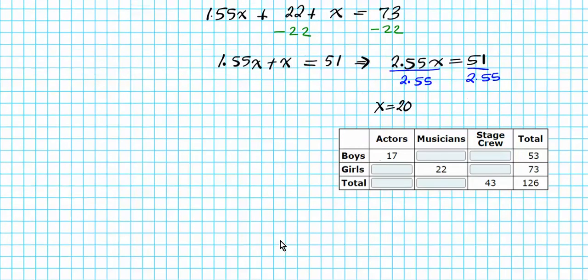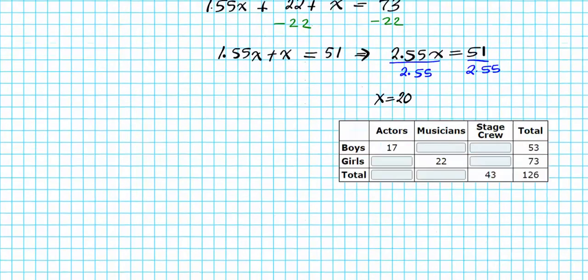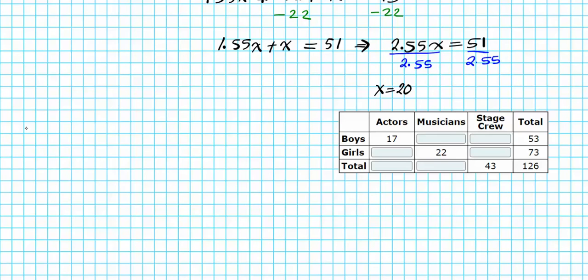Okay, so now I'm going to put the table right here so we can keep track of our work as we solve the puzzle. So X is the number of girls on stage crew. How do we know? Well, that's what we declared X as. So we have that one figured out. Girls on stage crew is 20.